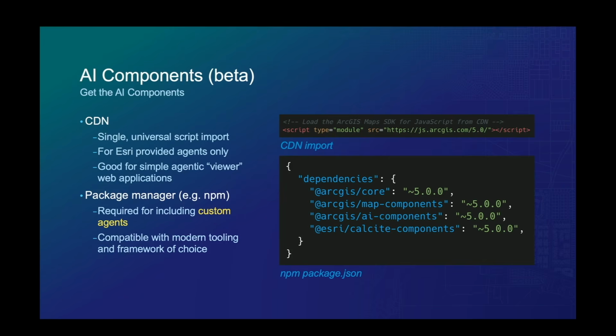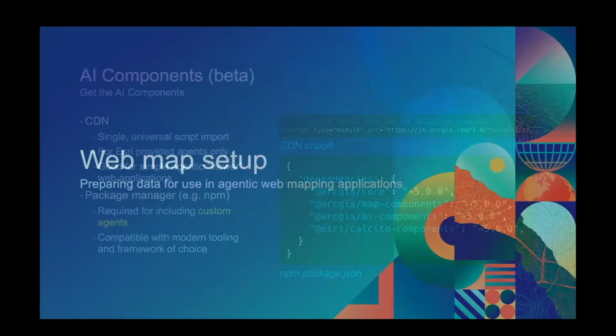The Node or NPM route is the only way you can create custom agents. So there's no path for creating a custom agent today through the CDN. So if that's what you need to do, that's the workflow you need to go down. And of course, it's compatible with whatever framework of choice you prefer to use.